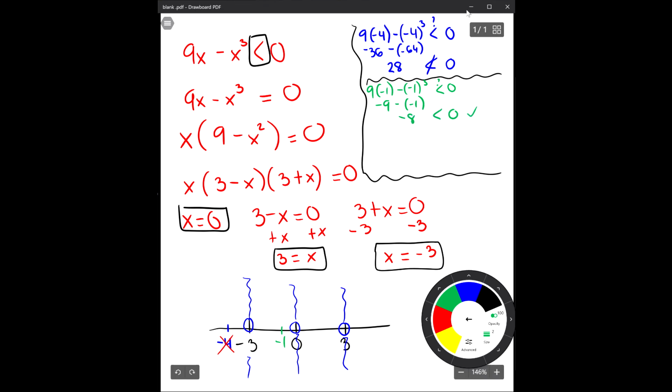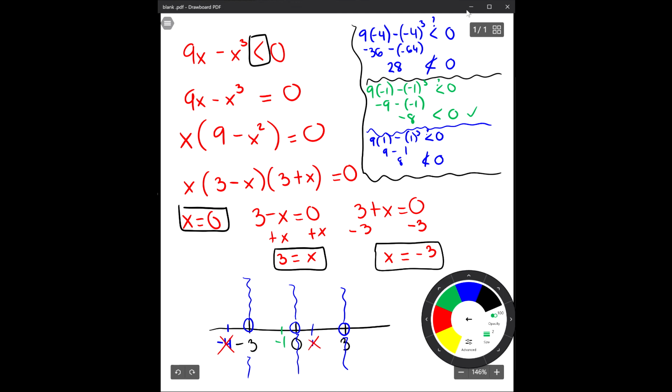Yes, this works. Next, between 0 and 3, I'll pick 1. So 9 times 1 minus 1 cubed, less than 0? I have 9 minus 1, which is 8, and 8 is not less than 0. So this region doesn't work.